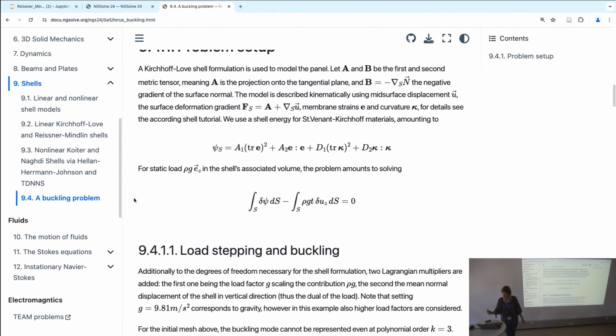So what is the nice thing we have in the shell elements? When you design a shell formulation, you always talk about curvatures and membrane strains, as we heard from Michael. And in these formulations, we have curvatures and membrane strains as degrees of freedom if we want them.